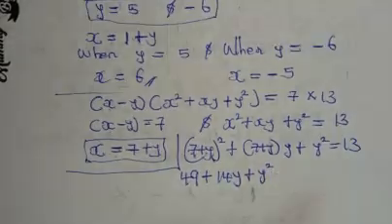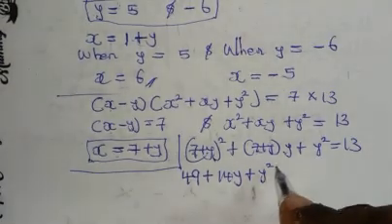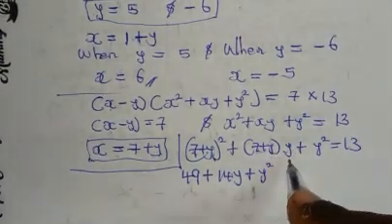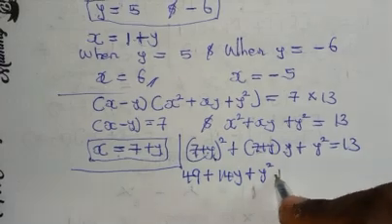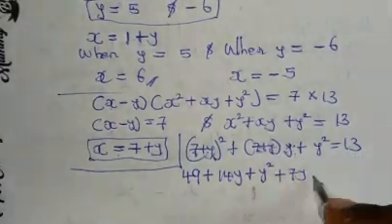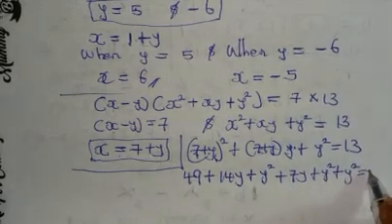And here, opening the bracket, we have 7 times y to be 7y, y times y to be y squared, and here we have plus y squared, all equal to 13.